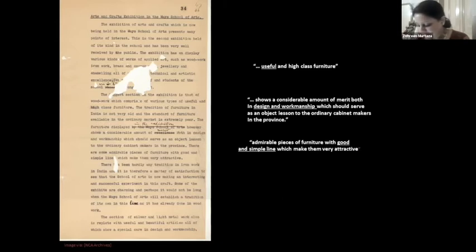In an undated commentary on an exhibition held at Mayo School, a document that I have obtained from the NCA archives titled Arts and Crafts Exhibition in the Mayo School of Arts, one not only sees the encouragement of the applied arts as inclined towards a more hybrid design approach, but also the denigration of ornament as being not useful.